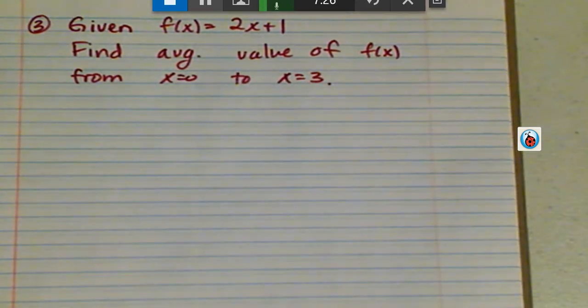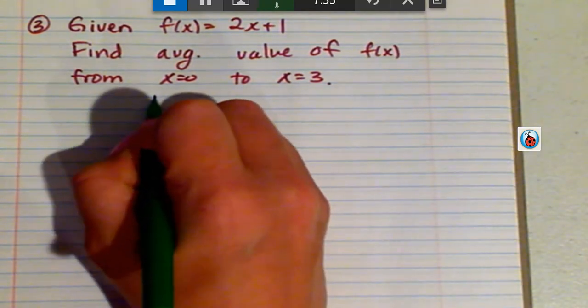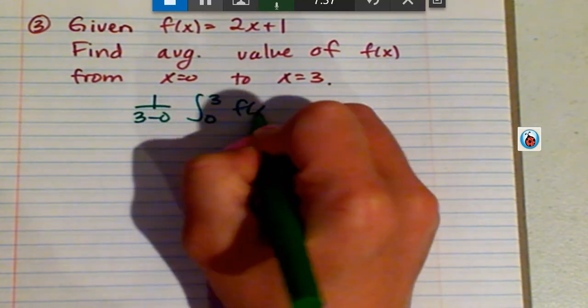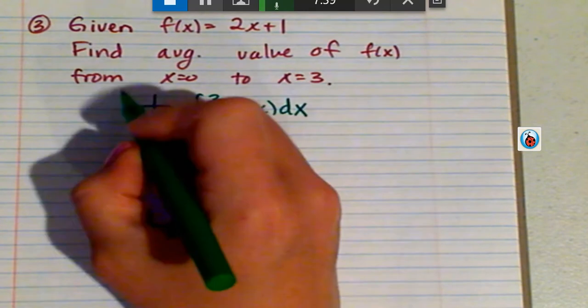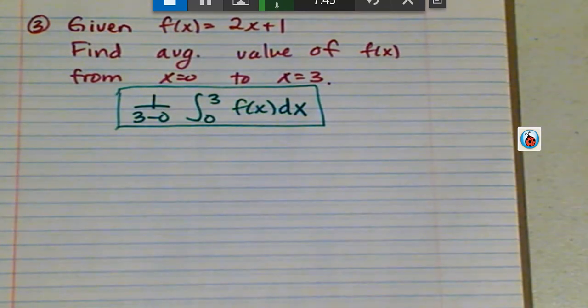So the first thing we do is identify the formula that we're going to need. So that is 1/(3 minus 0), integral from 0 to 3, f of x dx. There's the formula. Now we actually evaluate.